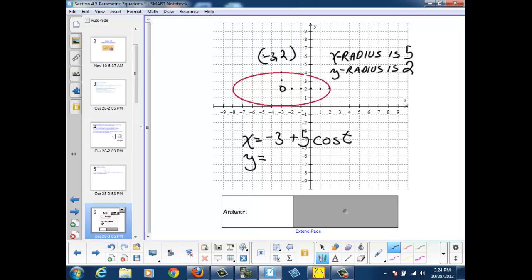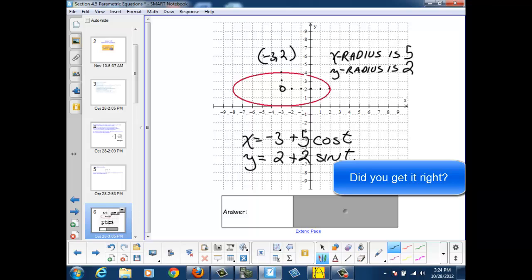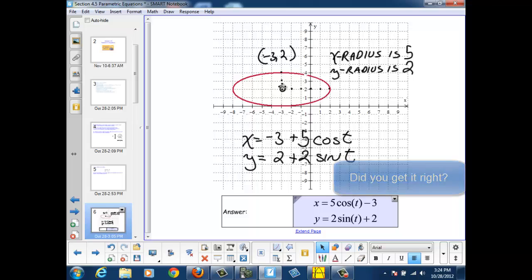Y then should be, I'll pause to let you write it down, 2 plus 2 sine t. And if we check our answer, we see that we have obtained our equation for an ellipse.